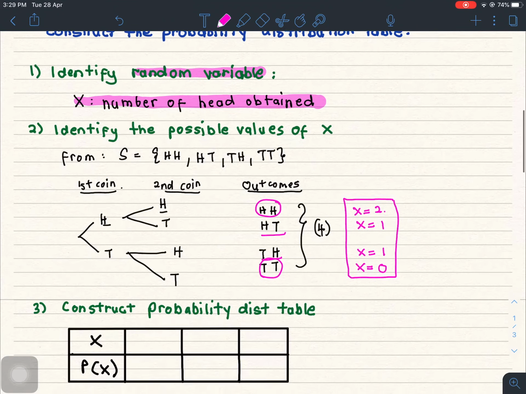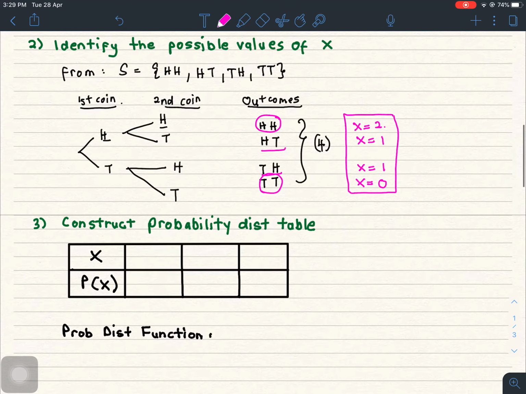To construct the probability distribution, just write two things, where your x and your probability of x. So the possible value of x just now you got whether you're going to get 0, 1 or 2. Now, how to get the probability?